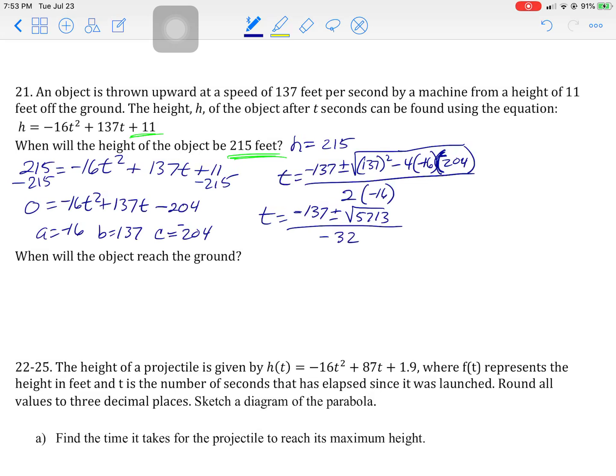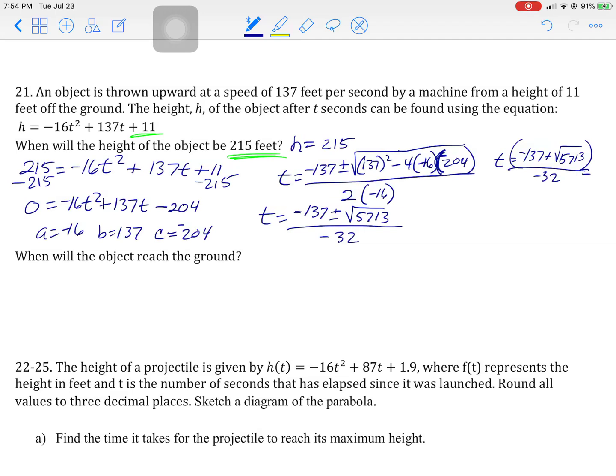Okay, if you're not getting these numbers, it's really important you get help with that, because that's the important part. And so t equals negative 137 plus the square root of 5713 over negative 32.